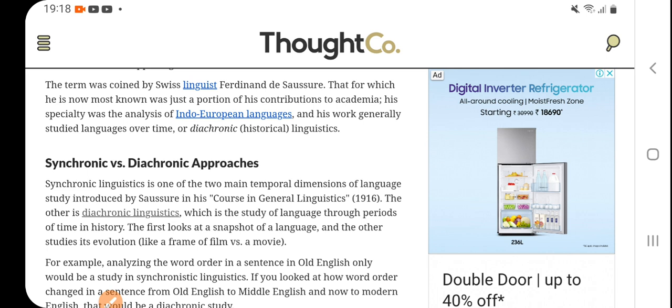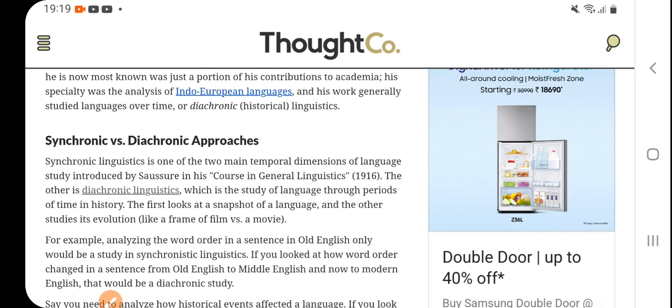His specialty was the analysis of Indo-European languages, and his work generally studied languages over time, or diachronic historical linguistics. So finally, who has propounded this theory? That is Ferdinand de Saussure.